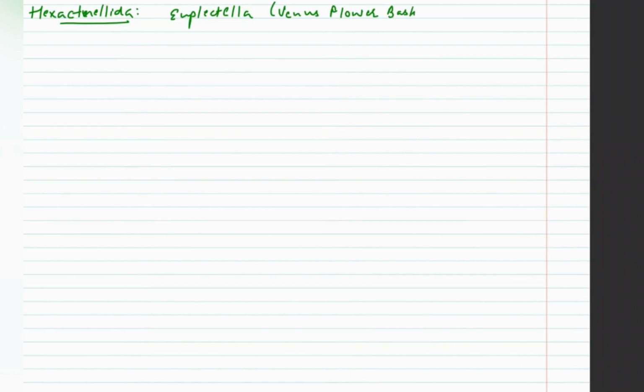Next we have Hyalonema, which is also known as glass rope sponge. Next we have another called Pheronema. Pheronema is also known as bowl sponge.